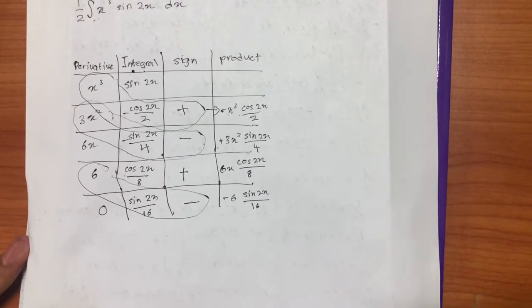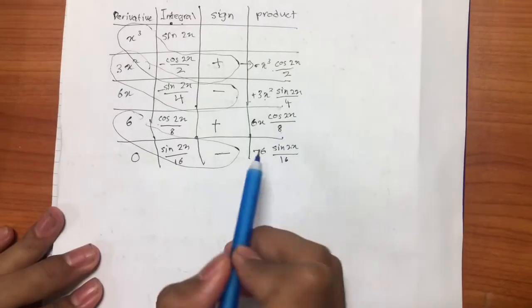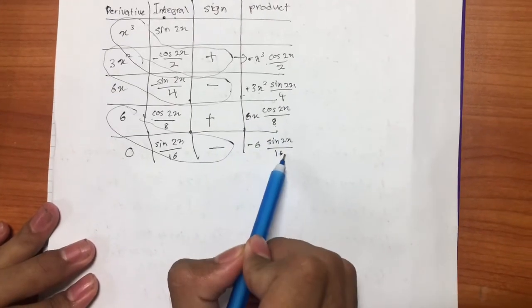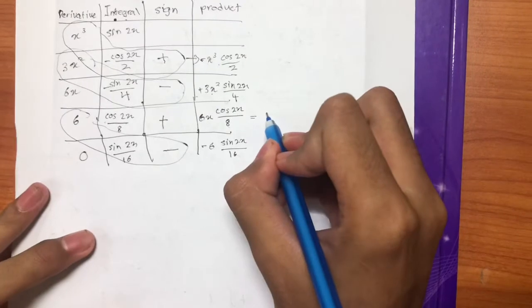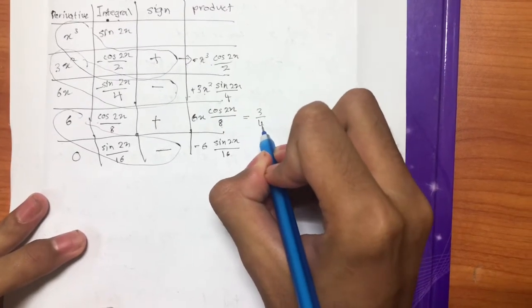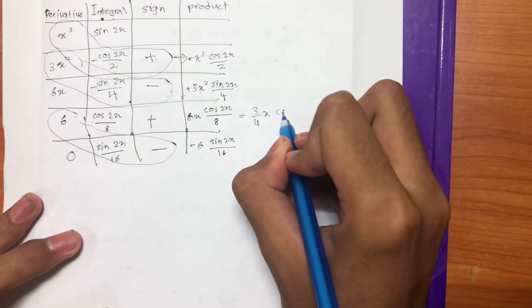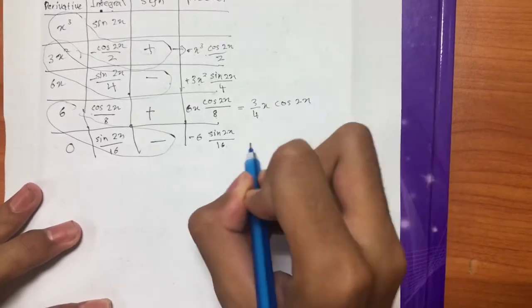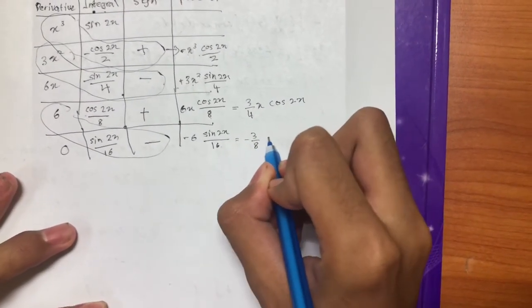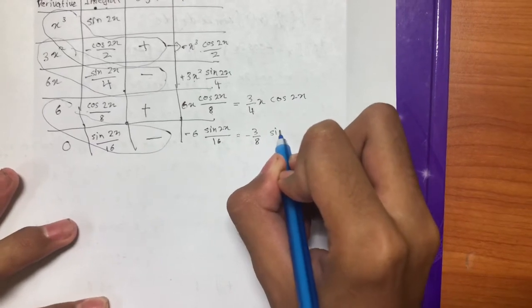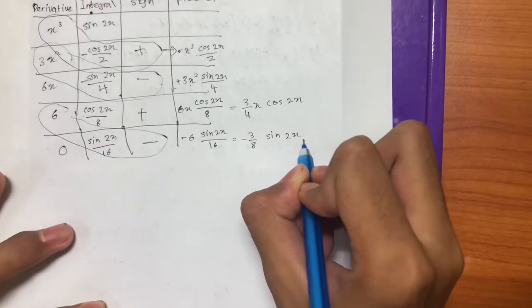So for this one and this one, we can simplify it into 3 over 4 x cos 2x and negative 3 over 8 sin 2x.